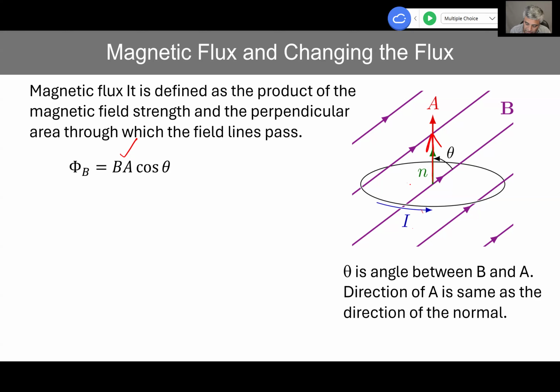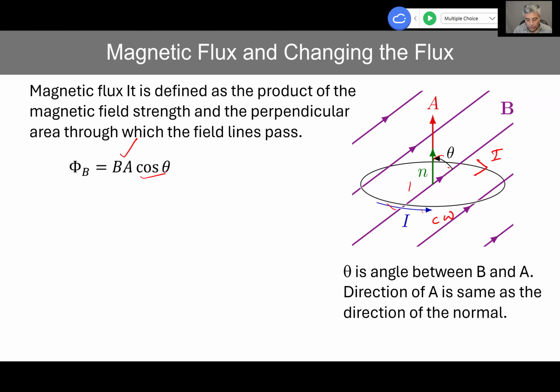When viewed from the top, it is going counterclockwise. But if it was going clockwise, then this normal would be pointing something like this. So theta is the angle between that normal and the B.